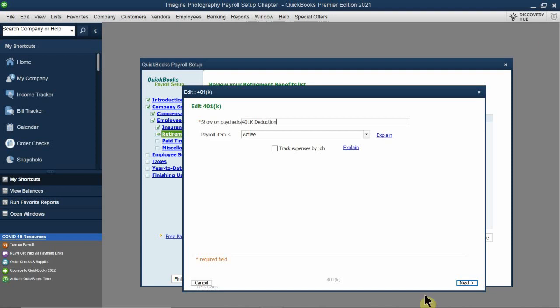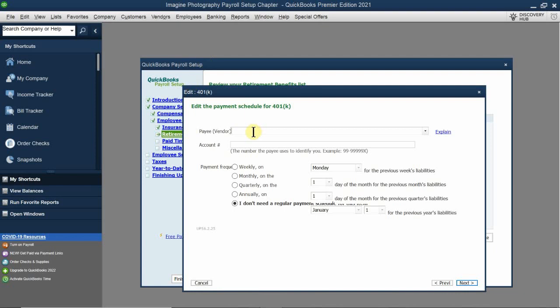It is an active item, so I can go ahead and click next. Who are we going to make a payment to? Once again, Merrill Lynch, right? Account number 99-1234567. Okay, don't schedule any payments.